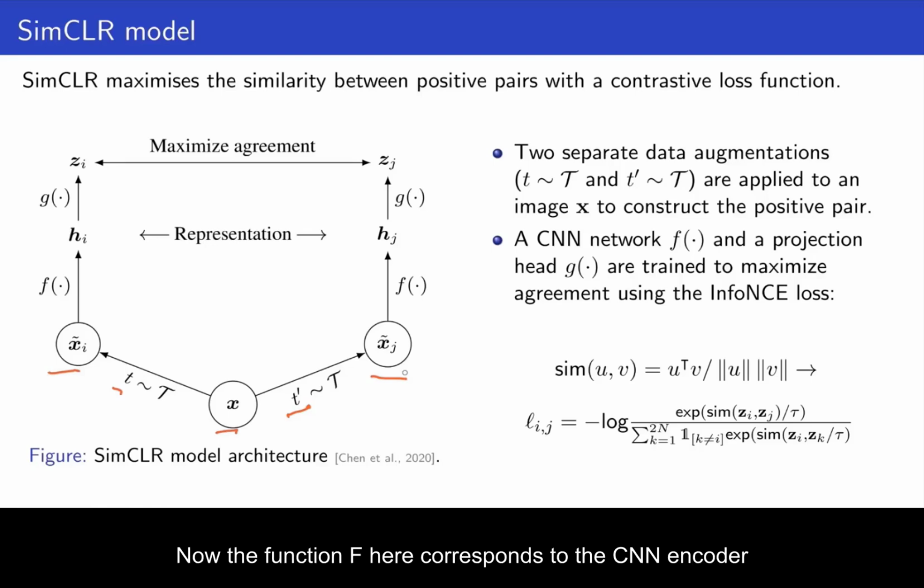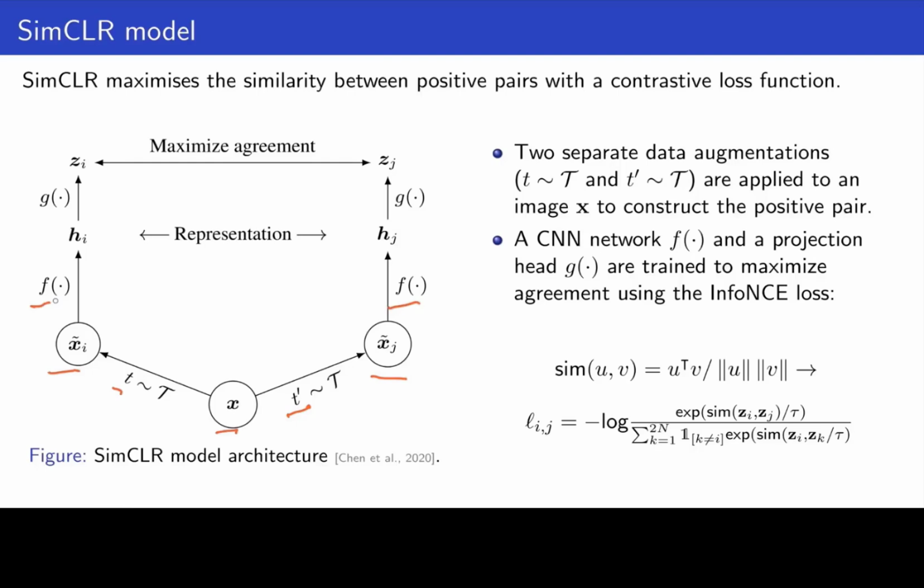Now the function f corresponds to the CNN encoder, and the function g corresponds to the multi-layer perceptron layers, which is essentially the projection head. Now the goal is to maximize the agreement of two augmentations from the same original image with the following softmax function formula as you see.